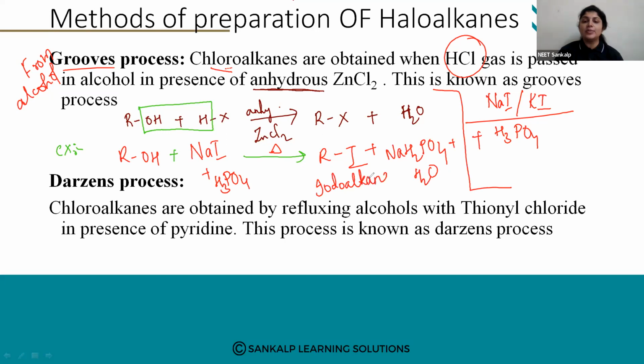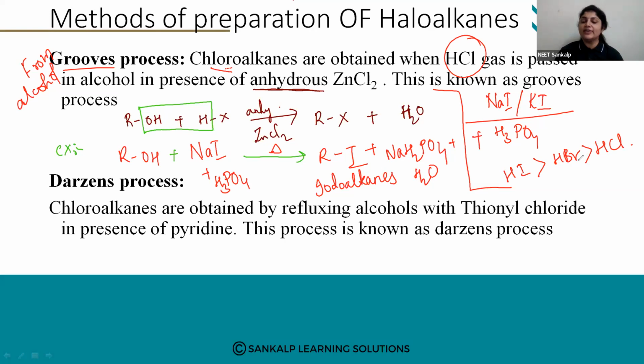So likewise, you can prepare any haloalkanes: chloroalkanes, iodoalkanes, and bromoalkanes. The order of reactivity of halogen acids with alcohol is HI greater than HBr greater than HCl.